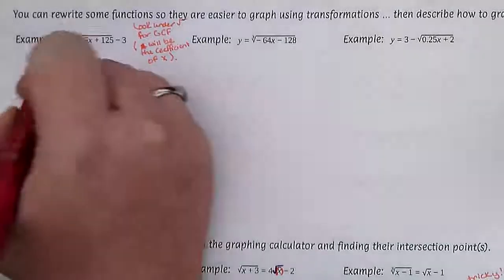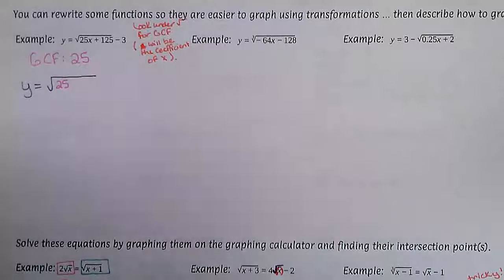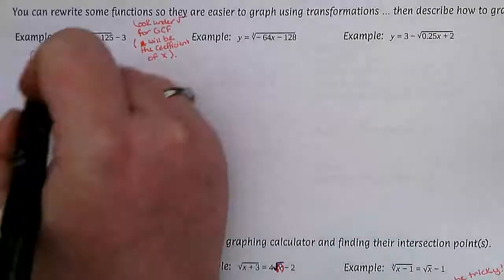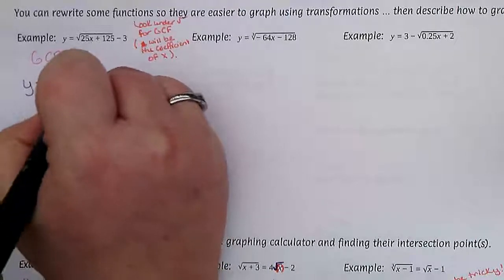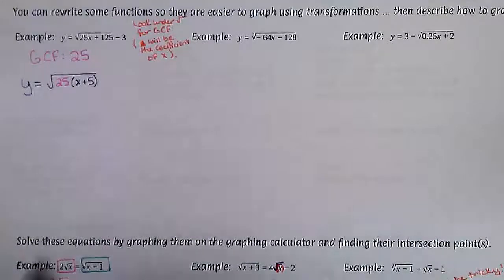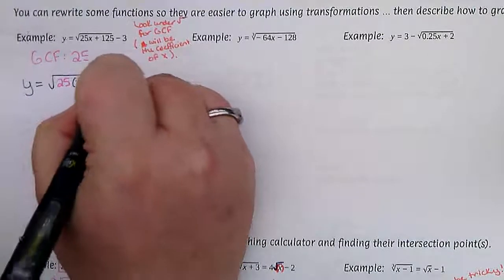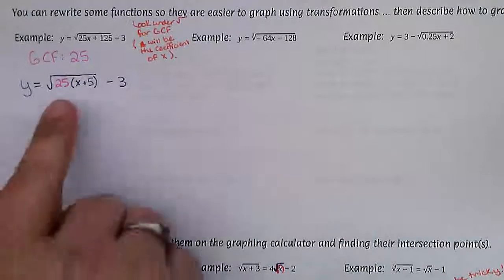My GCF is 25. I'm going to divide that from both things. So 25x divided by 25 gives me x. 125 divided by 25 is 5. So we take that out of both of those and then bring down our minus 3 that's outside the radical.